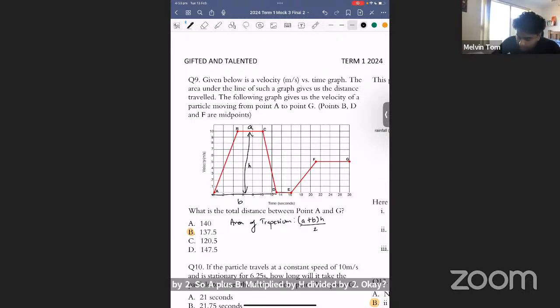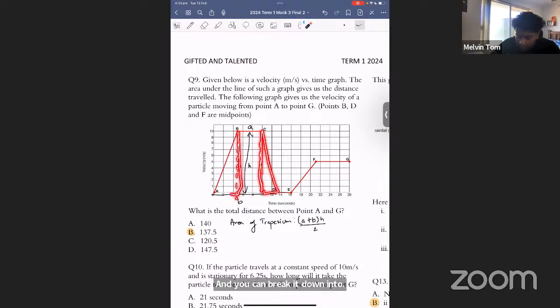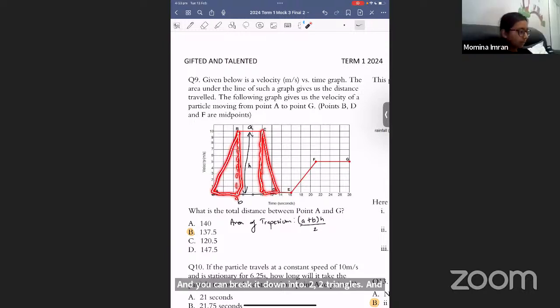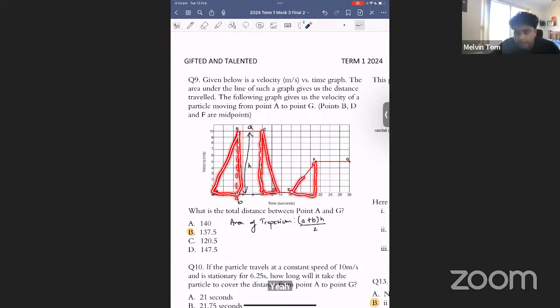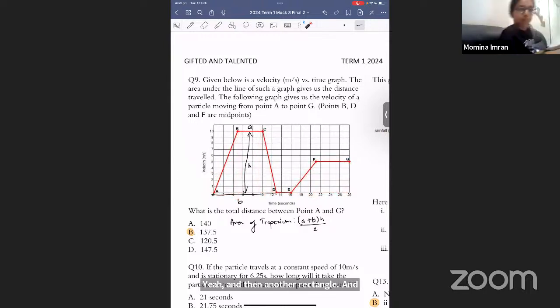What's A in this graph? Just a tip, if you didn't know how to do a trapezium, you can break it down into two triangles and a rectangle. Do you see how you can still solve it? Got it? All right.